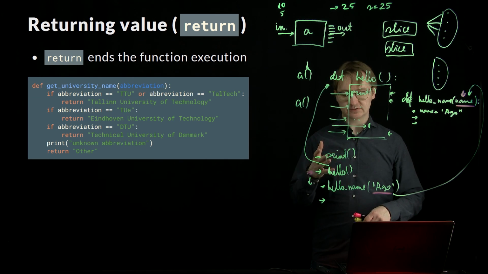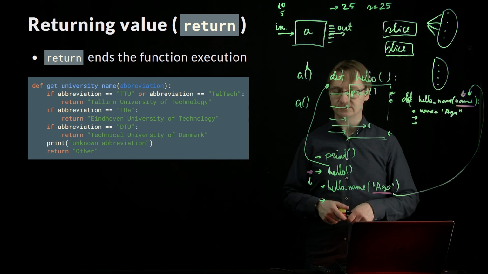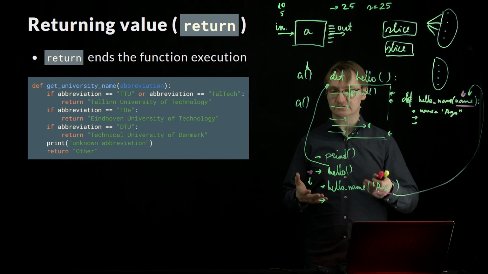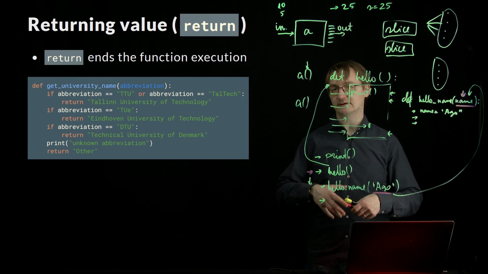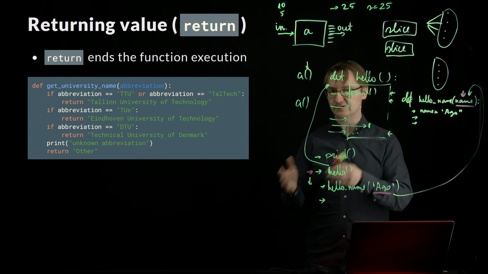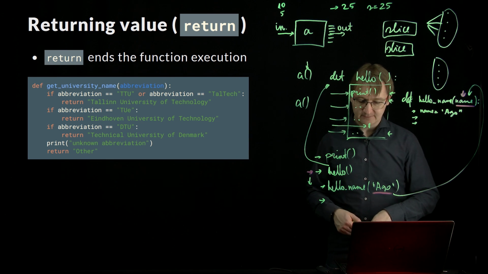So the return statement actually finishes or ends the function. Here we can see that there is a function get university name, and the parameter it takes is an abbreviation. Based on the abbreviation, we will find out what is the name of the university.